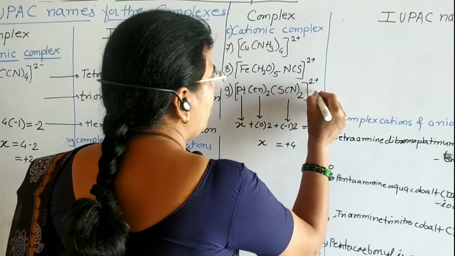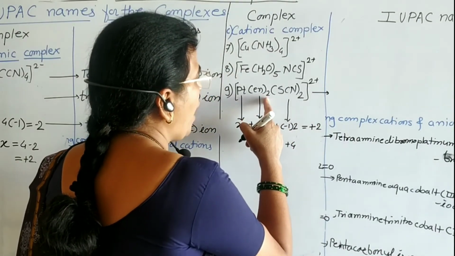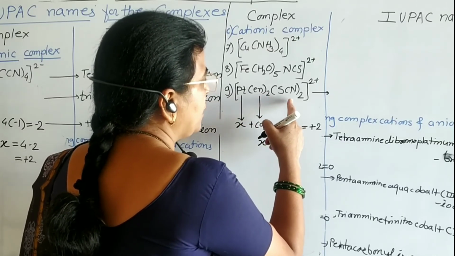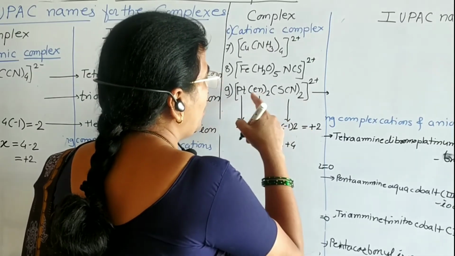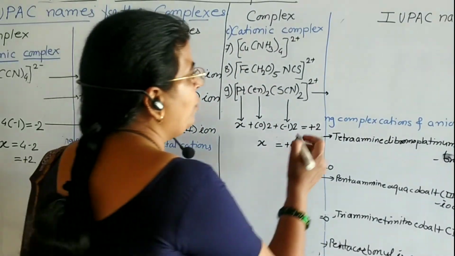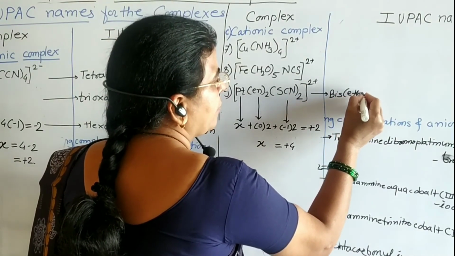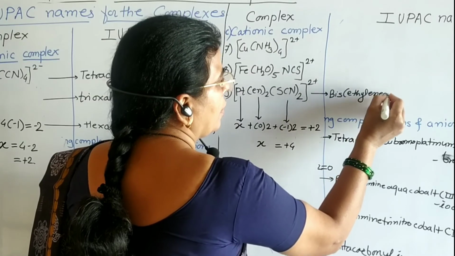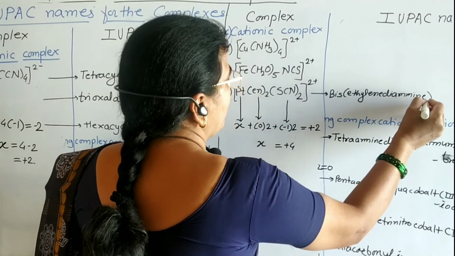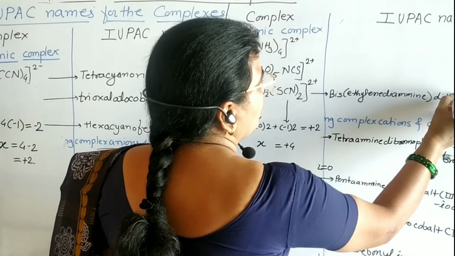Now name. We are going to give the name of this complex. Now here there are 2 ethylene diamine groups and here SCN, that is thiocyanato groups, are 2. Now ethylene diamine is a bidentate ligand. Therefore we have to write the name bis ethylene diamine, dithiocyanato.